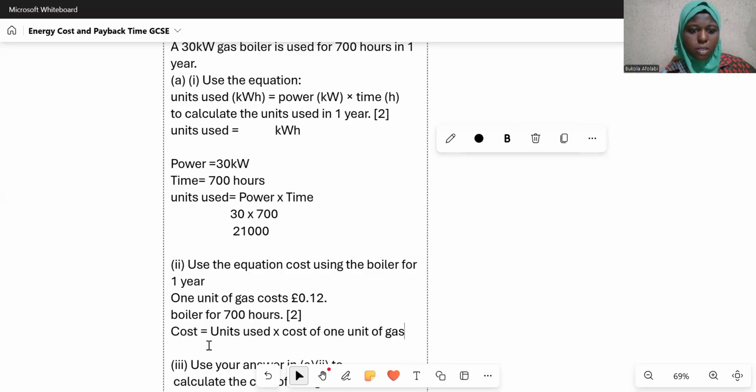So with that, units used from the question equals 21,000.